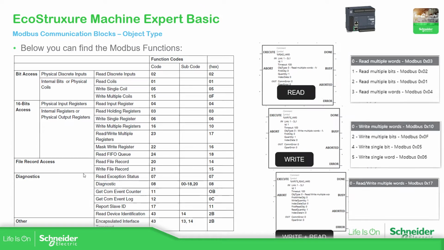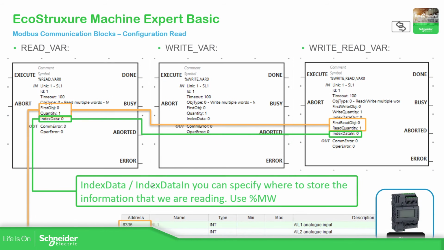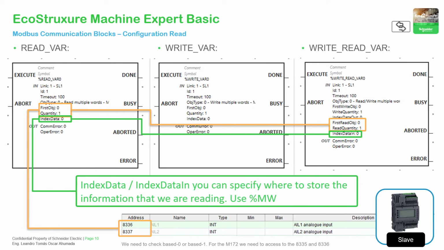So let's continue with this. Then the other parameters that we need to configure over here are the first object and quantity, for read, write and read bar. The first object will be the address on the other device from which we want to read information.